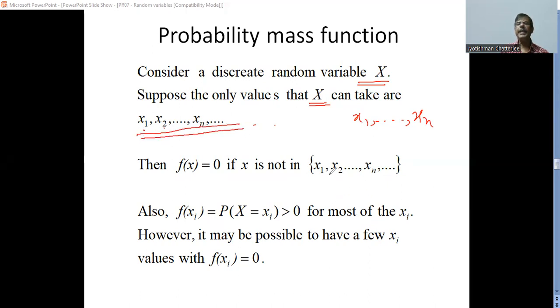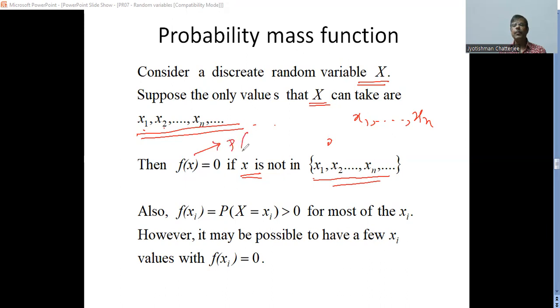So these are the possible values of the random variable. Now, if you take any other value, say a value x, which is not in this set x1 to xn, etc., in that case, because that value is not possible, the corresponding f value, or f of small x, will be equal to 0. Because what is f of x?